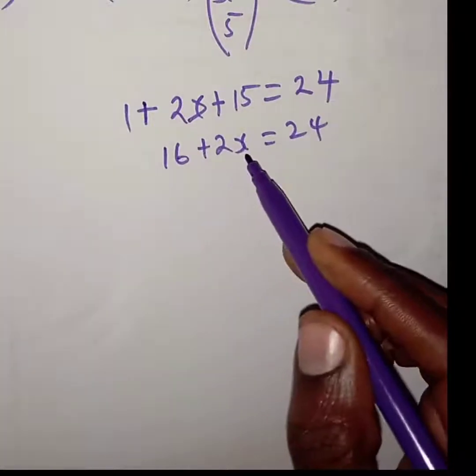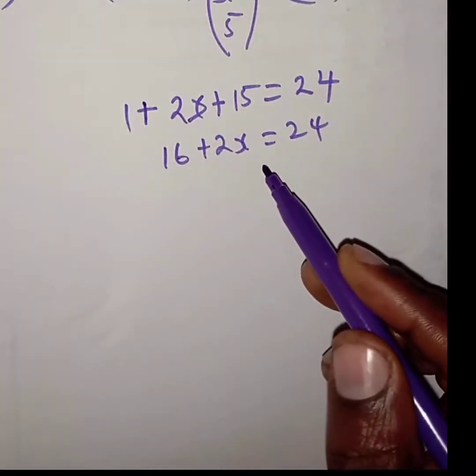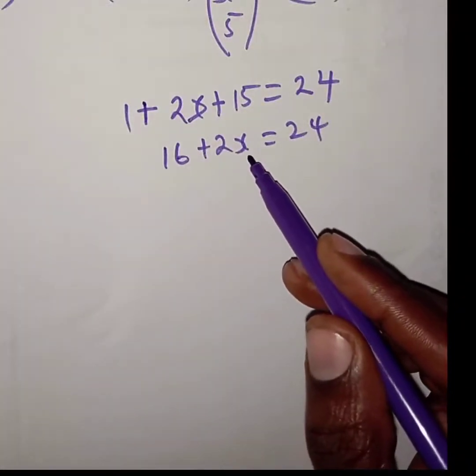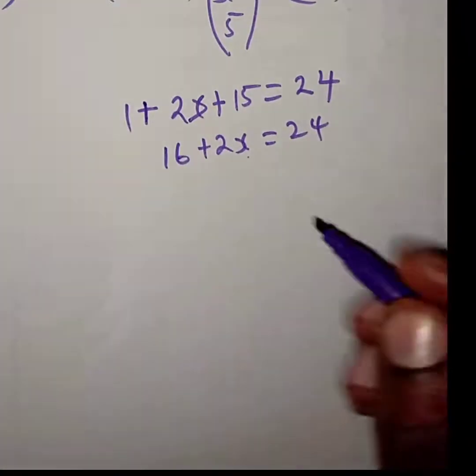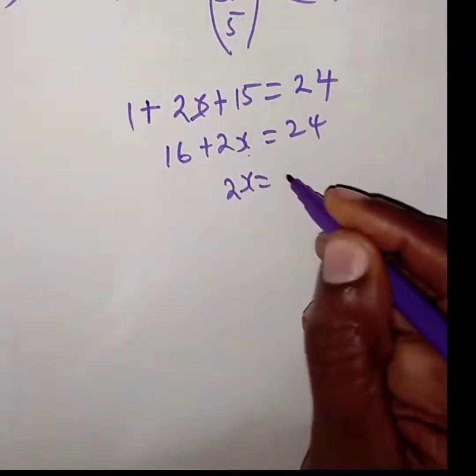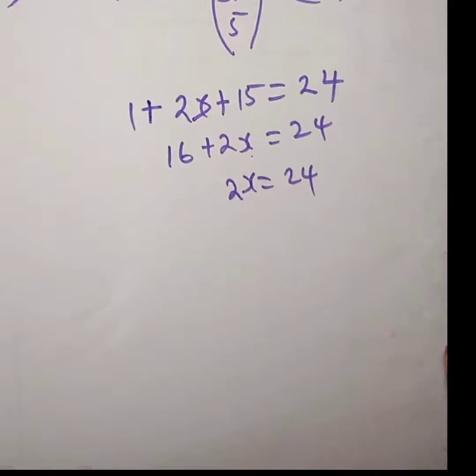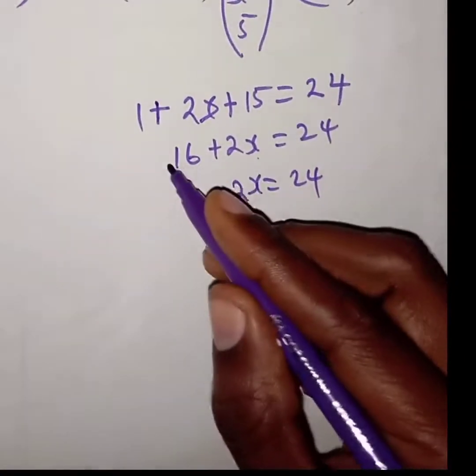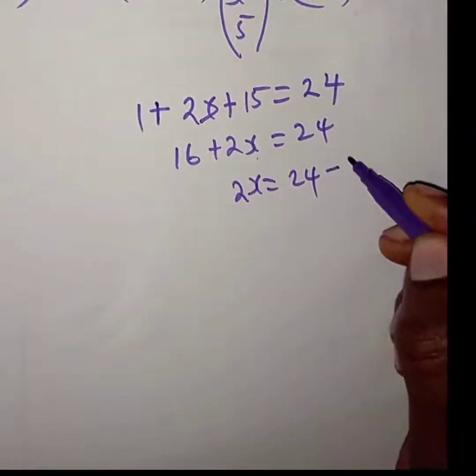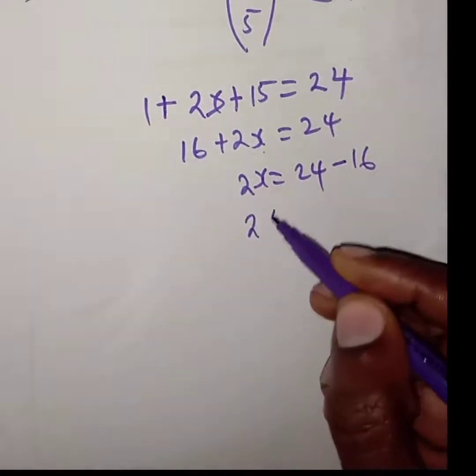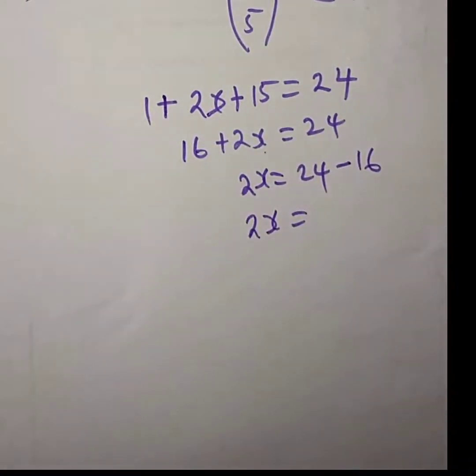Remain with 2x on one side as our target, because we want to find the value of x. So 16 must cross. It was positive here, it will become minus 16. What is 24 minus 16?